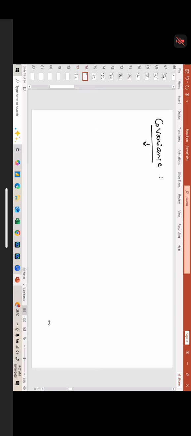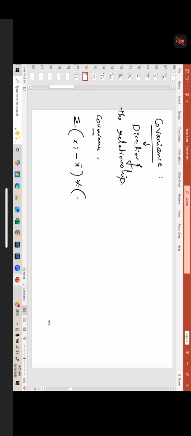For a linear relationship, covariance talks about the direction of the relationship. Formula to calculate covariance: covariance is equal to sigma of xi minus x bar into yi minus y bar, whole bracket divided by n minus 1 again.